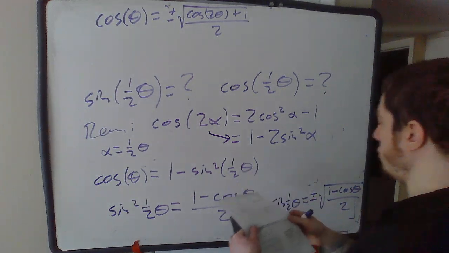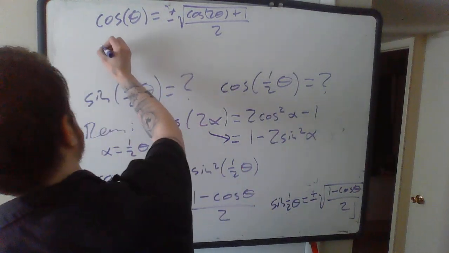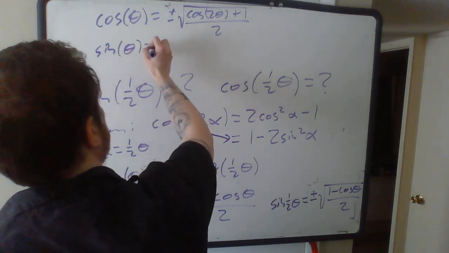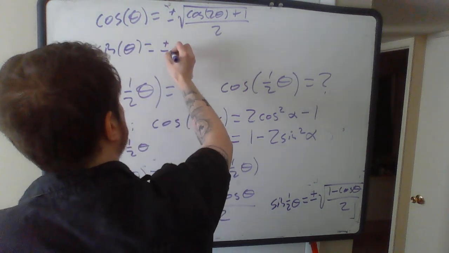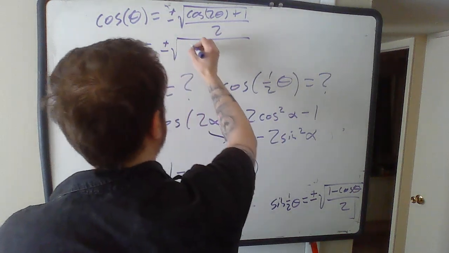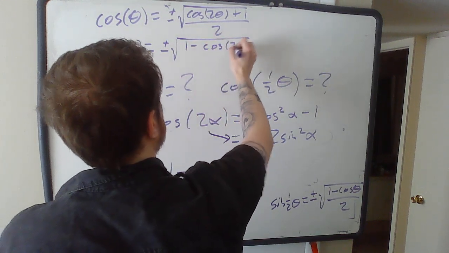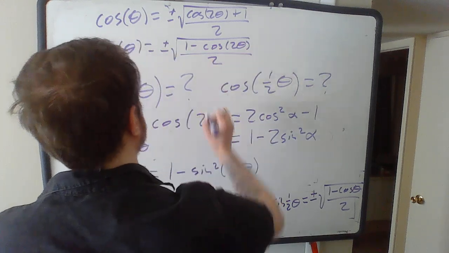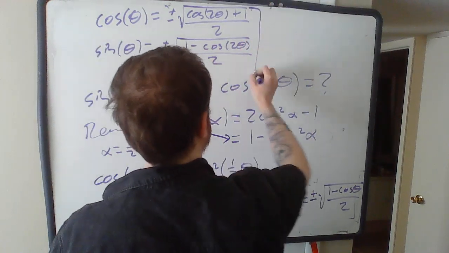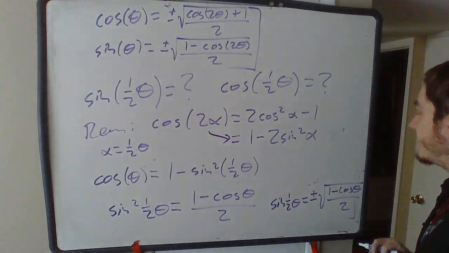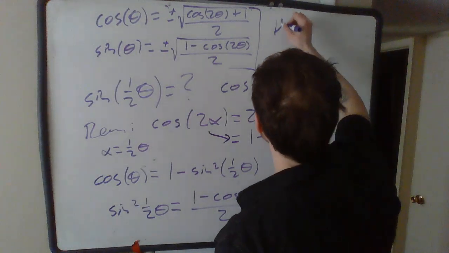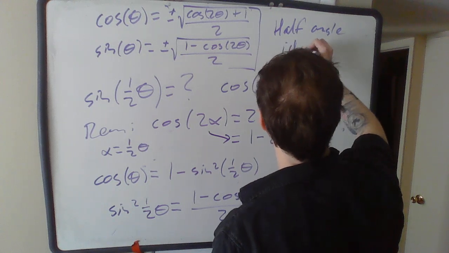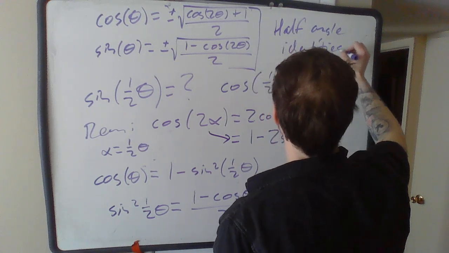Again, if you wanted to, you could rewrite this as the sine of theta is equal to plus or minus the square root of 1 minus cosine 2 theta divided by 2, if you wanted to. So these identities are known as the half angle identities.